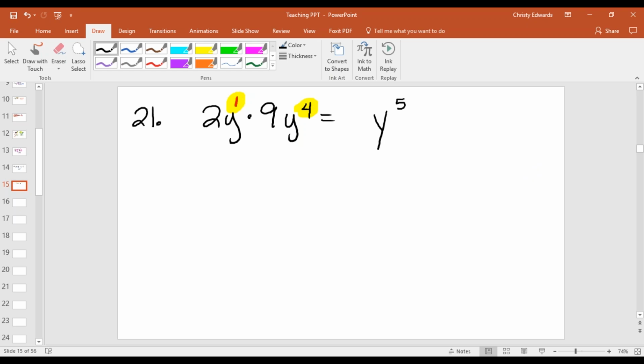Okay, so that's the right power on the y. Does everyone see that? A y times 4 more y's being multiplied. It's 5 y's overall being multiplied, but the error that we tend to make once we start using our shortcut is that we forget that a 2 times a 9 is just the same old multiplying that you've done in the past. So at least one of you was tempted to put an 11 here. But it's not, right? It's 18.